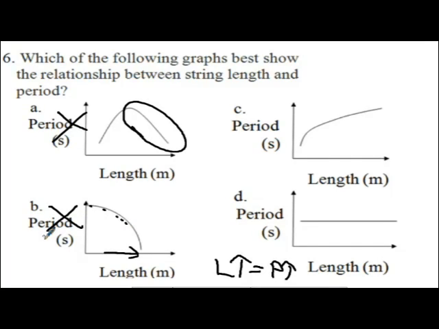C, length is increasing, and then the period's also going up. So C could be an option. And then D, again, think about putting a number on here. The period would be staying the same, but the length would be increasing. So the correct answer for that one would be C, because the period is increasing and the length is increasing.